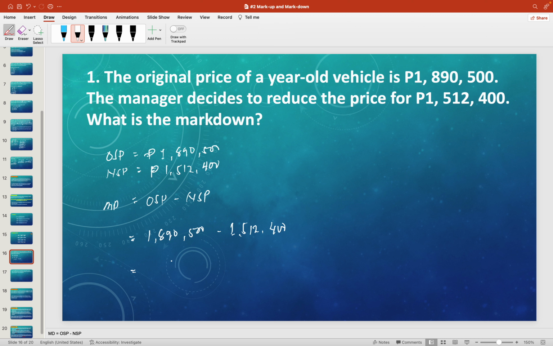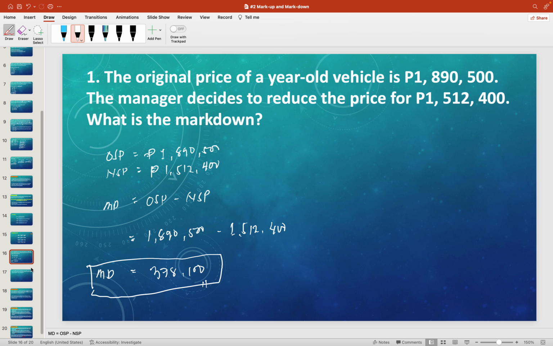So, makukuha natin na markdown or magkano ba yung binaba niya, it is equivalent to 378,100. So, yan yung markdown natin ngayon. Okay? So, that is how you get the markdown.